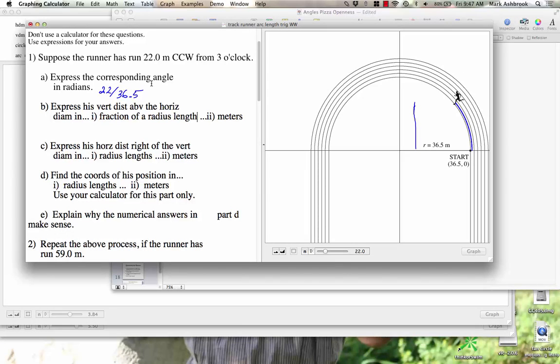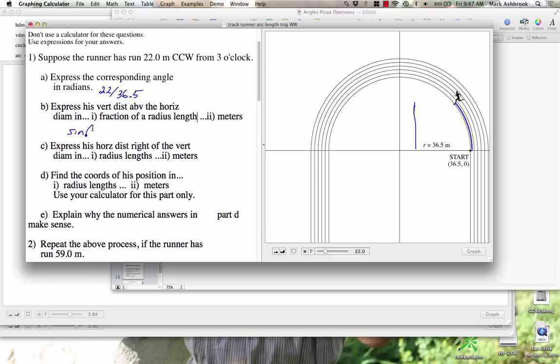So if I want the vertical distance above the horizontal diameter as a fraction of a radius, what is that? Sine. That's sine. That's sine of something, because that's exactly what our definition of sine is.